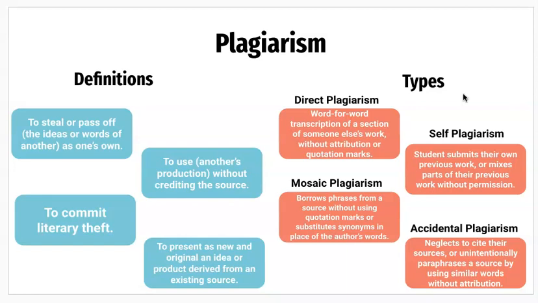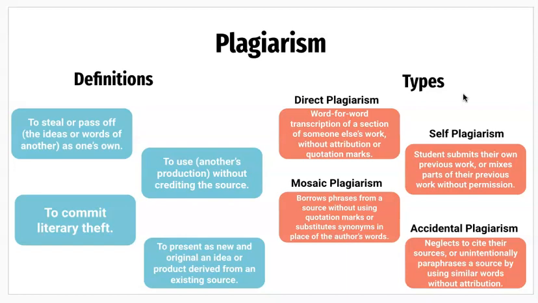Next is self-plagiarism. Students submit their own previous work or mix parts of their previous works without permission. So you're taking a paper from another year and using it again. I'm taking sections from another class's paper that I used and putting it somewhere else. You are only allowed to do this if you get permission from the teacher.